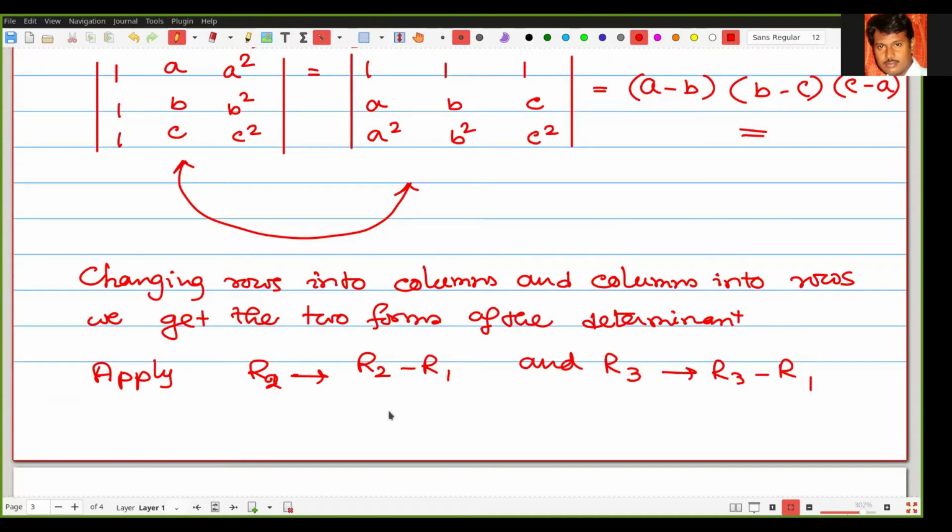So from the very first one, if we are changing row, so here I am writing in a small, that is 1, A, A square. That means the very first row is remaining the same. Row 2 is now 0, B minus A, B square minus A square, and third row is also 0, C minus A, C square minus A square.